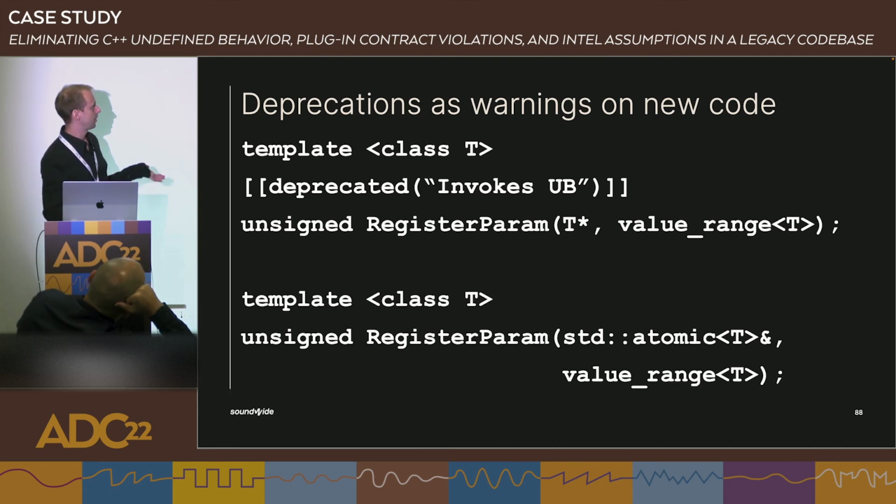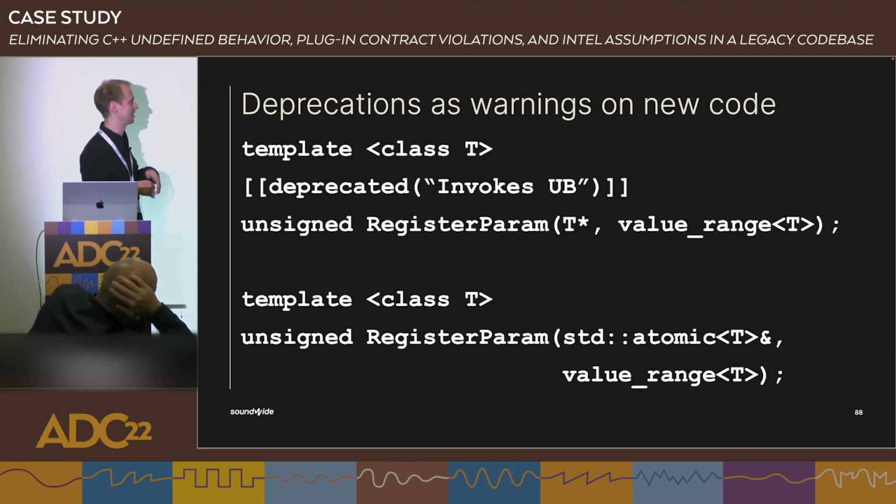For deprecation warnings, this is a pattern that we use a lot when we find an area of the code base that just isn't working well. For example, we had this register parameter call that would always make a data race when you called it. The problem was our whole code base used this, so we couldn't just delete it. So we made another version of register parameter, and you can see it takes an atomic T, so that makes it not a data race.